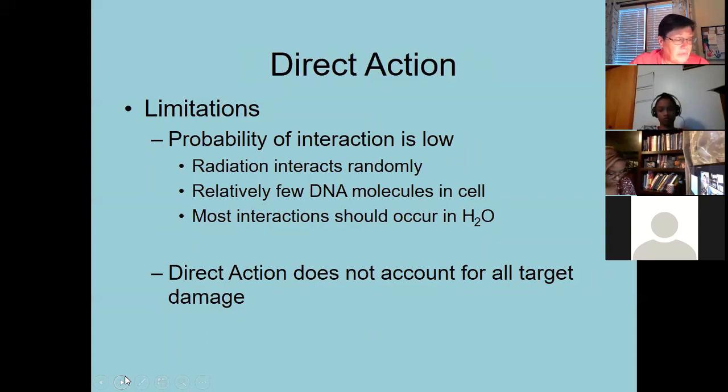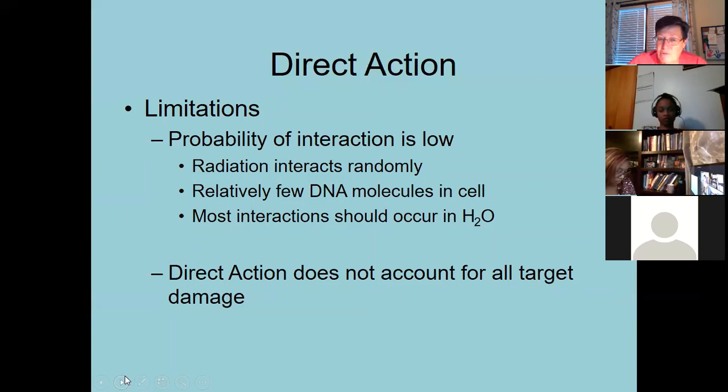I think we're 15% protein, but still we're 80% water. So the probability of direct action by radiation is just not common. It's not going to happen. You will see the most interactions on the most abundant molecule, which is water.